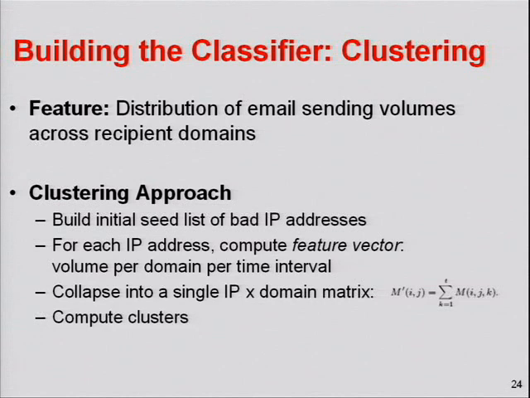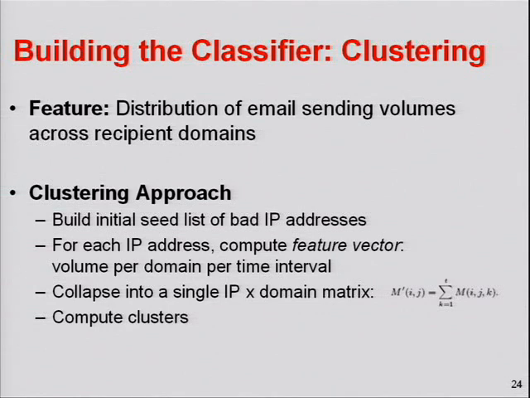For each of those, we construct this feature across time, or for a particular time window. Then we collapse those features into a single matrix. So now each row in the matrix is an IP address, some sender, and each column is a domain. And each entry in the matrix is the volume of mail that that IP address has sent to that domain over whatever time interval we've chosen.